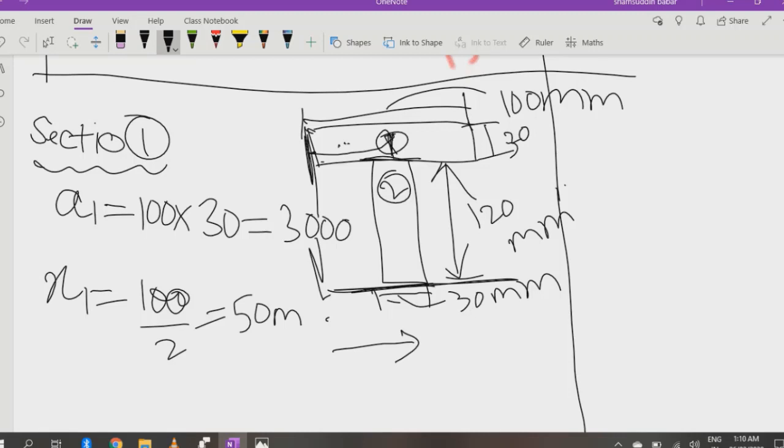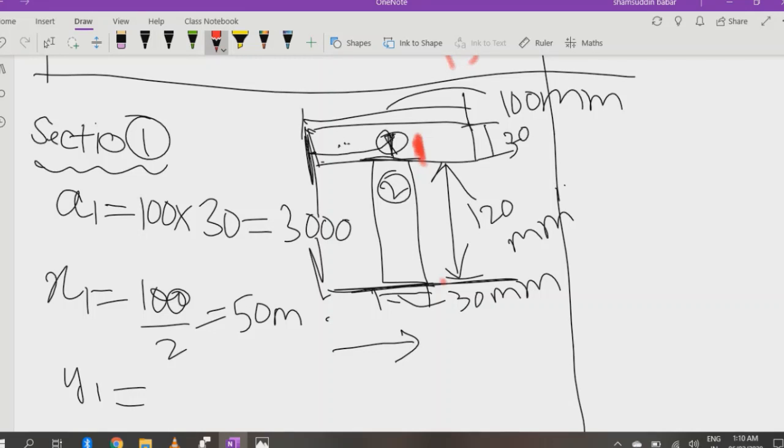Now this is our x1, and now y1. This is the 120 distance. Before going to the center distance of this section 1, I have to add this distance because I have to calculate the center of gravity with respect to my axis.